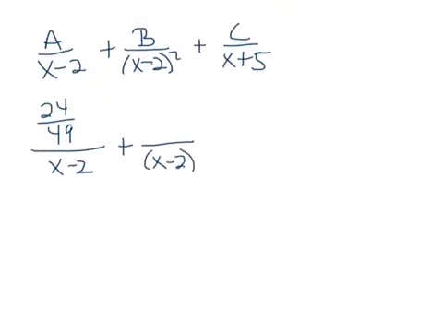Let me stall to figure out what B and C were. If I remember right, C was 4 over 7, and it feels like B was 25 over 49.